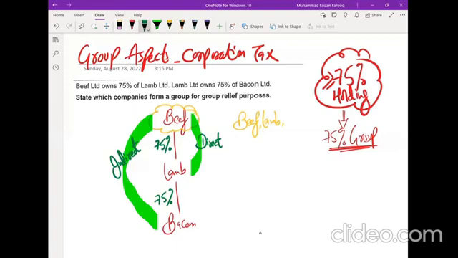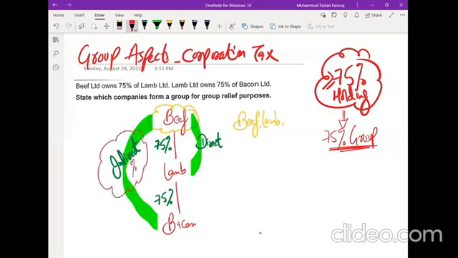The father has a direct relationship with the children. The grandfather has a relationship with the grandchildren, but there is the father in between. This type of thing happens in companies as well. So we have to calculate the indirect holding percentage.